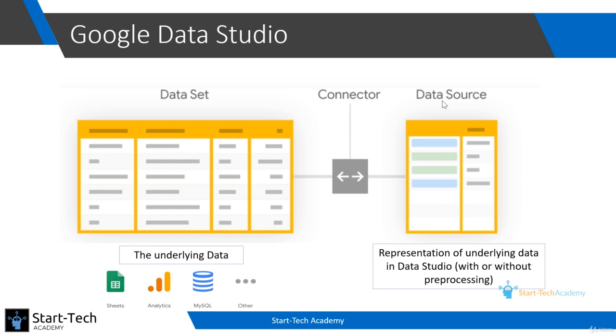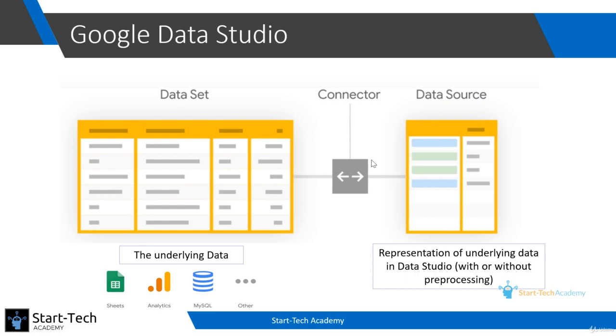So data set is the underlying data, and data source is the data set with or without modifications to be used for making the report. This is outside of Data Studio and this is inside the Data Studio.